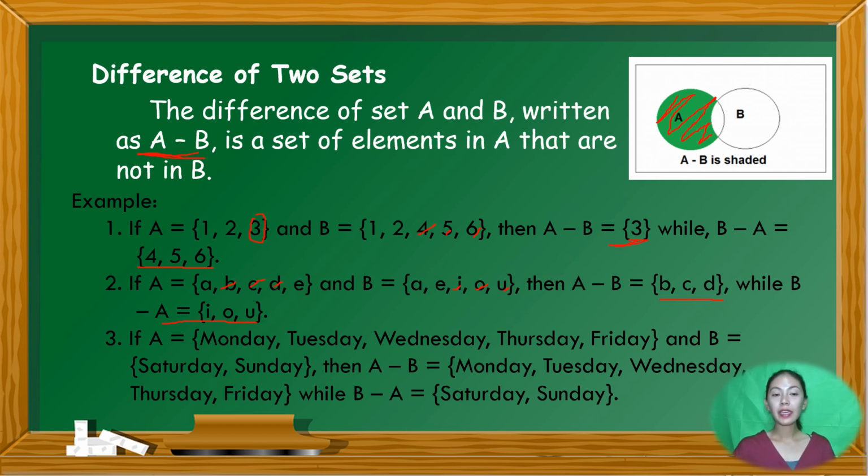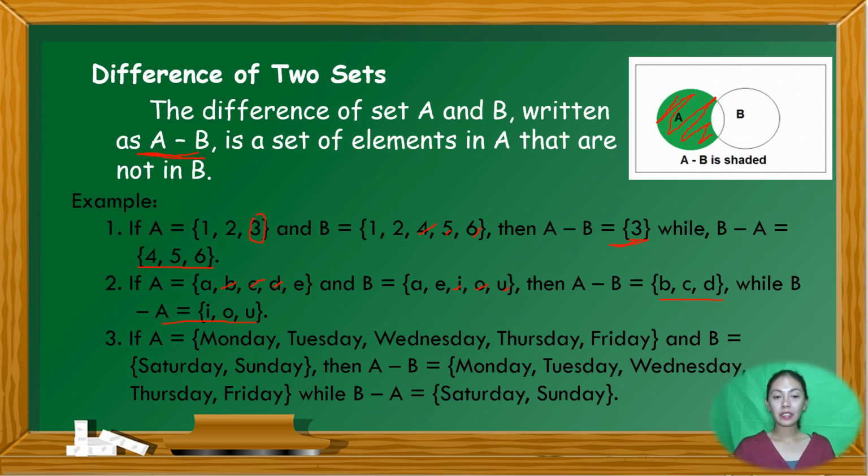For number 3, if set A contains Monday, Tuesday, Wednesday, Thursday, and Friday, and set B contains Saturday and Sunday, then the difference between B minus A is, A minus B is, so since wa may kapariha, di ba?